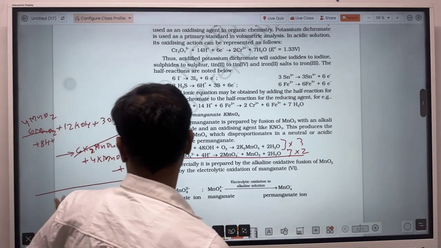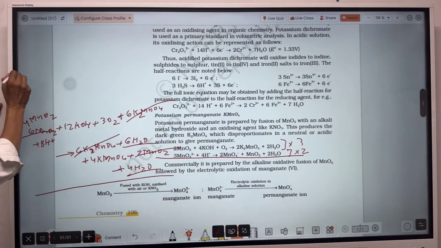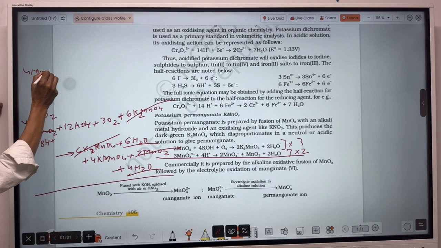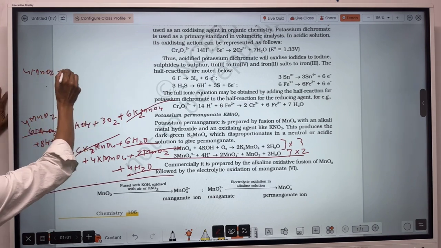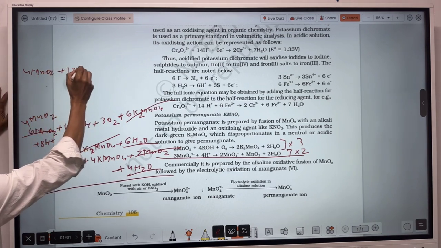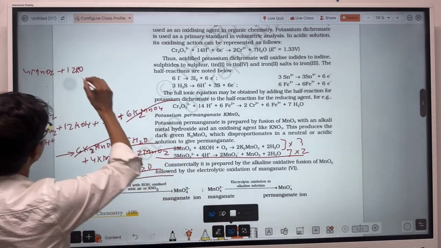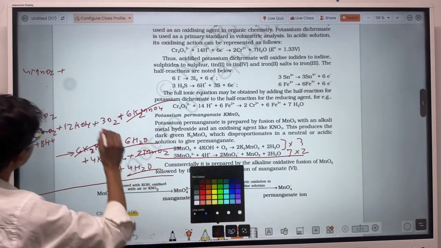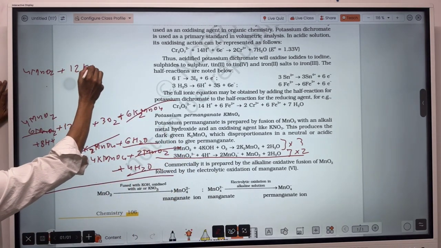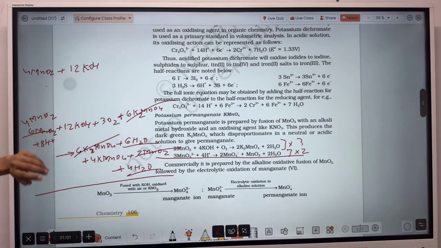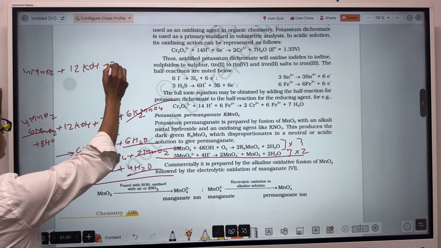The overall reaction will be equal to what? 4 MnO2 reacting with 12 moles of KOH plus 3 oxygen.